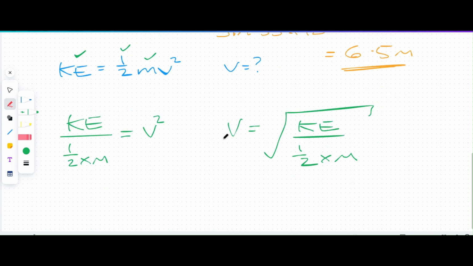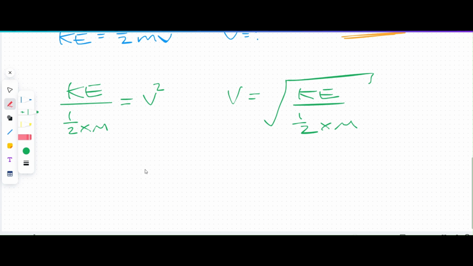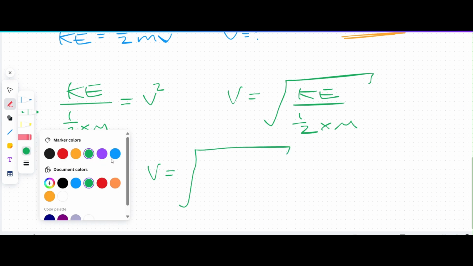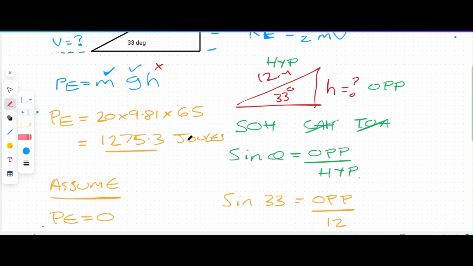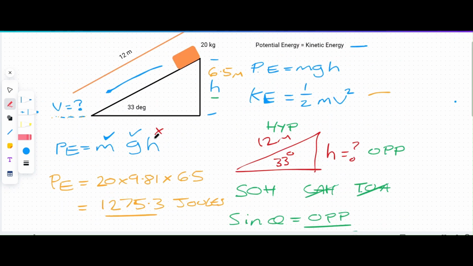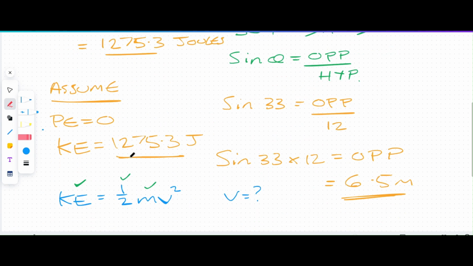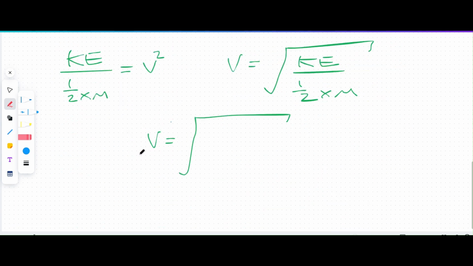That will give you a velocity. So V equals square root, just all square root, KE, well, I'm assuming all the potential energy from the top is coming down the hill, and now it's 1275.3. Conservation of energy, 1275.3, all divided by half times the mass of the object, which was 20.